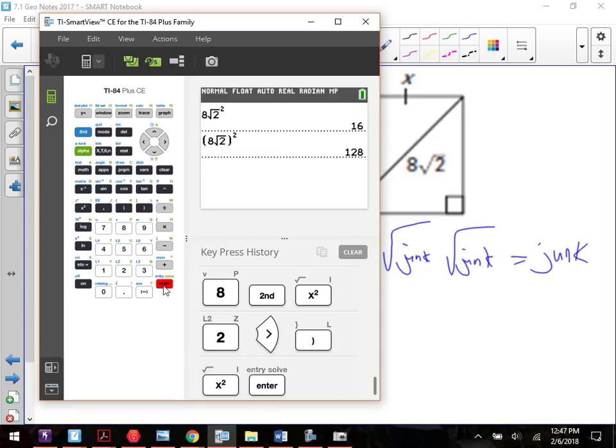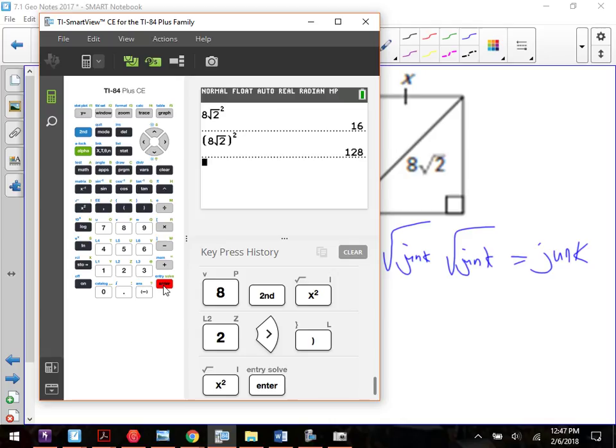And this is the big thing that happens in geometry because you're not accustomed to having to use extra buttons. This is why I wanted to physically be here to explain why this has to be this way. When you're writing out your problems, you know that you're taking the whole thing and squaring it. Your calculator doesn't.